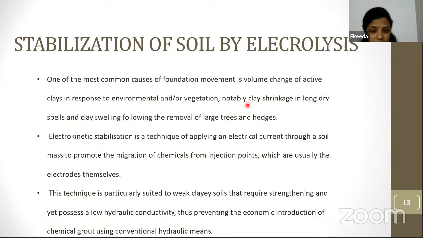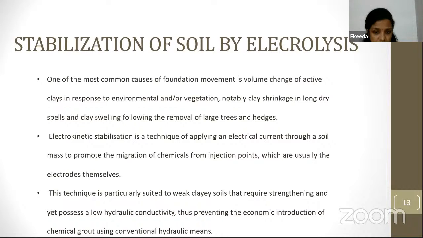In the case of clay, the volume change is drastic. When you apply water to the clay, it will expand and change its characteristics. So electrolysis is a method that we can apply over clay.